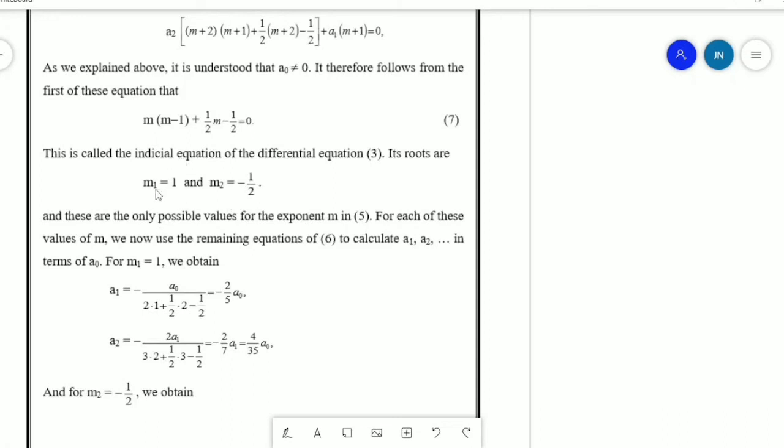Substitute m1 equal to 1 in our solution, so that you will get a1 equal to minus 2 by 5 a0, a2 equal to minus 2 by 7 a1, that is 4 by 35 a0, etc. And similarly for m2 also you will get a1, a2, a3 values.